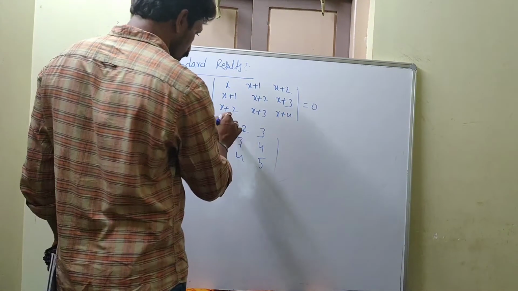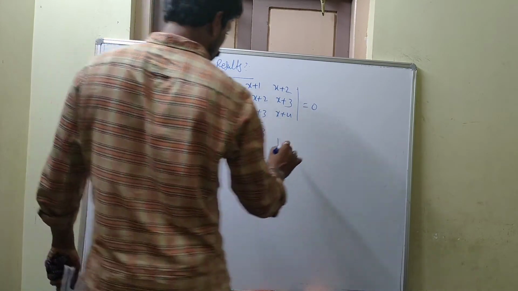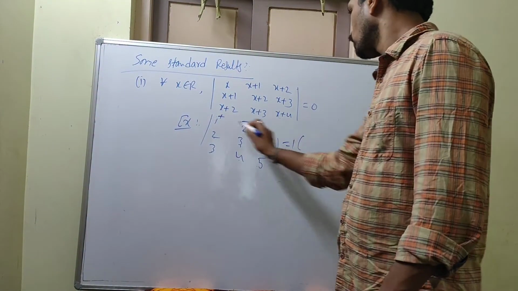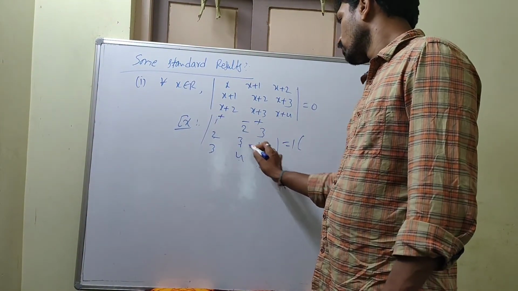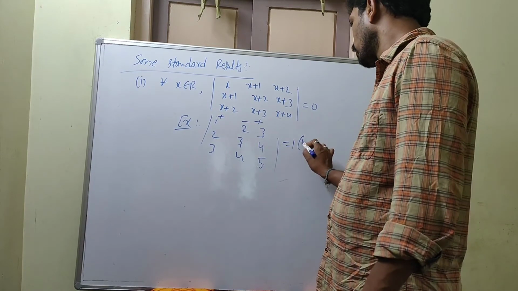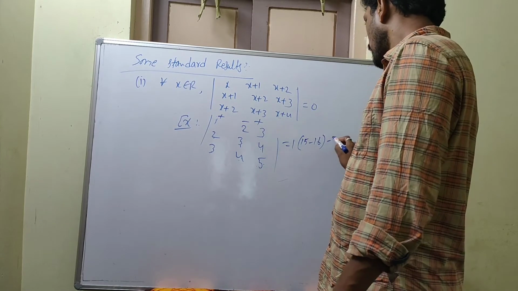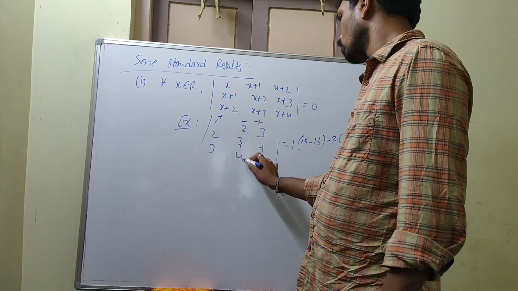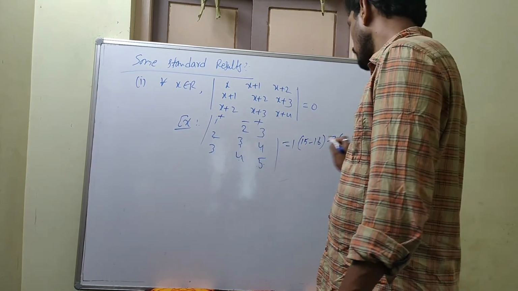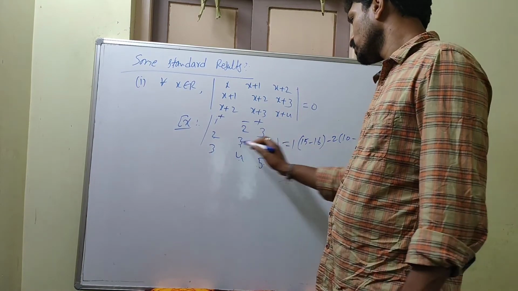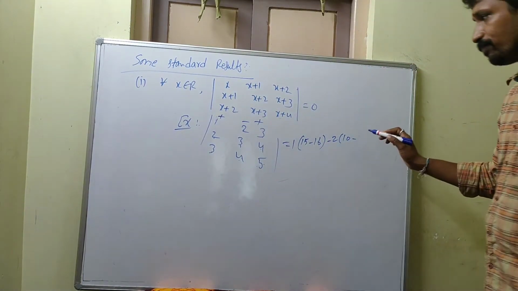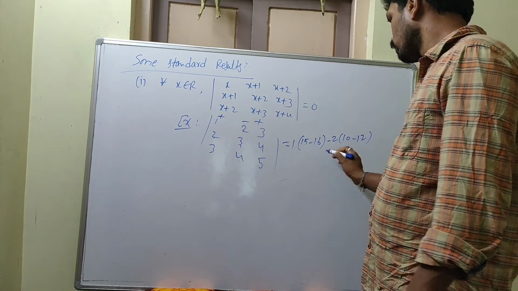If you want to expand this one, plus minus plus: 1 into, leaving the row and column passing through 1, 3, 4, 4, 5. 3 5s are 15 minus 4 4s are 16. Next, minus 2 into, leaving the row and column passing through 2, 2, 4, 3, 5. 2 5s are 10 minus 4 3s are 12.